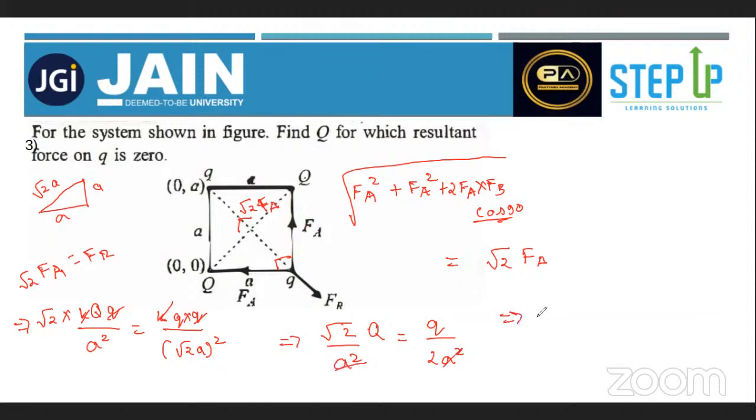So we are getting a relation: small q is equal to 2 root 2 capital Q. So Q upon square root of 2.